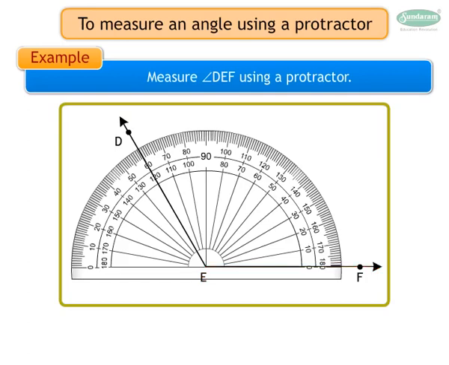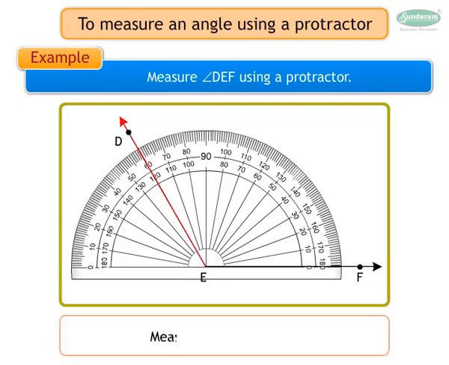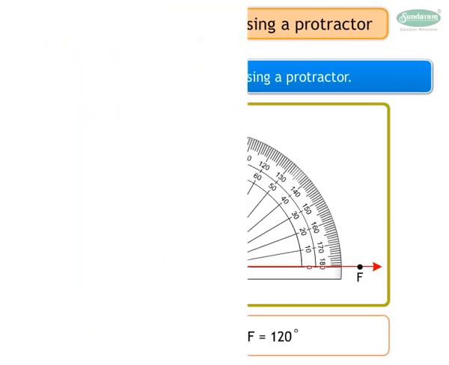Look at the 0 degree mark on the protractor which lies on ray EF. Number 5. Look at the numbers increasing serially from 0 on the protractor. Number 6. The 120 degree mark coincides exactly with ray ED. Therefore, the measure of angle DEF is 120 degrees.